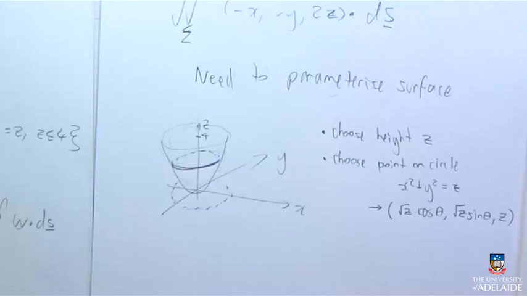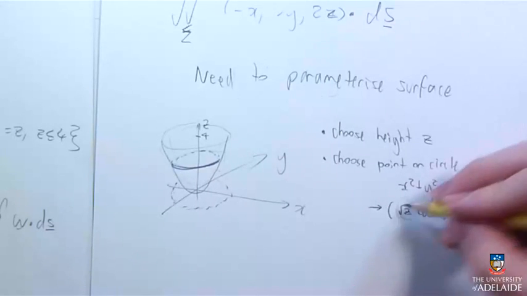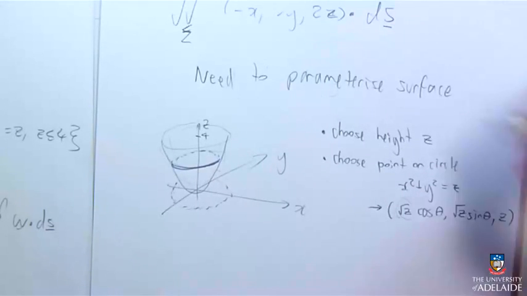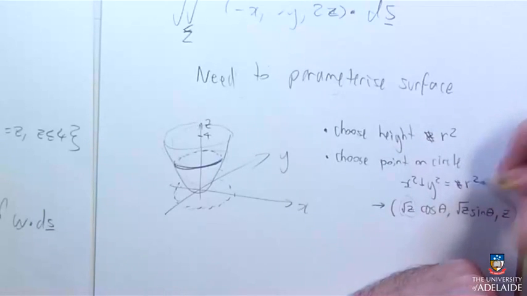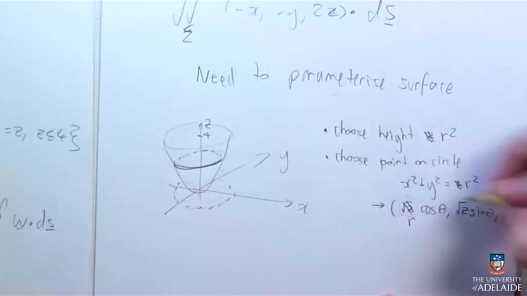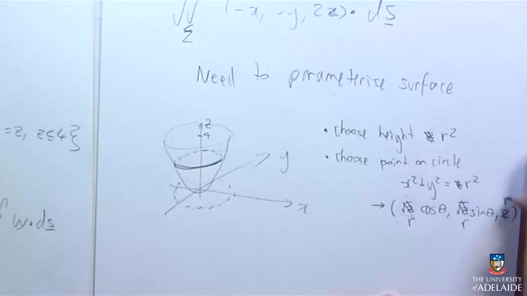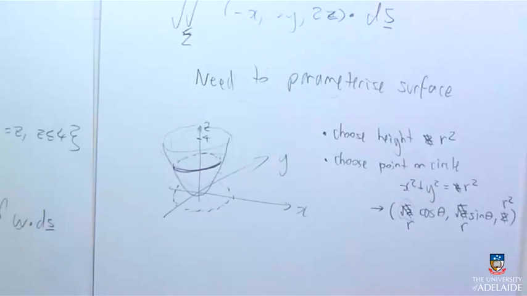Now I don't like those roots. That's going to make my derivatives a bit tricky. So what if I just called this r, and then that would be r squared. So I'm going to call that r. That should produce every point on my surface.